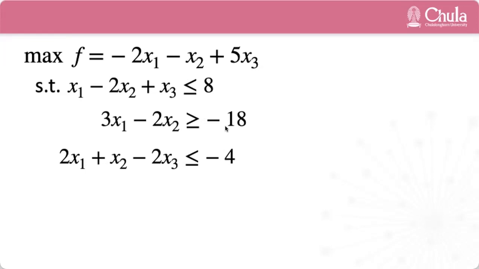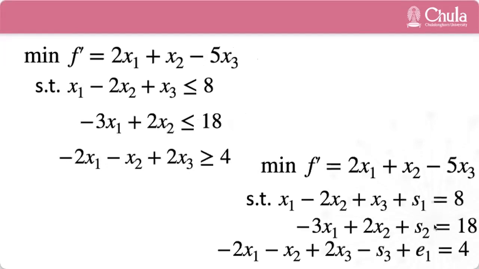But the second one, the third one, you see that we have 2x1 plus x2 minus 2x3 lesser than or equal minus 4. So we have to multiply by minus 1. So it becomes minus 2x1 minus x2 plus 2x3 greater than or equal 4.